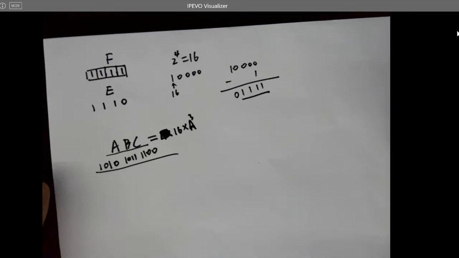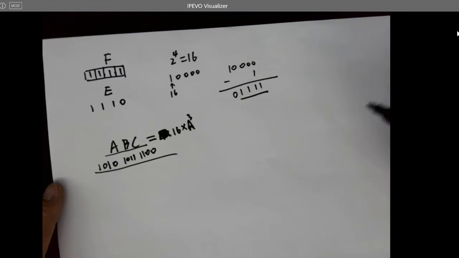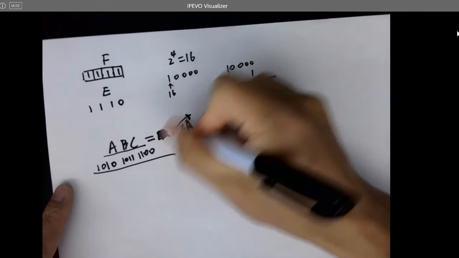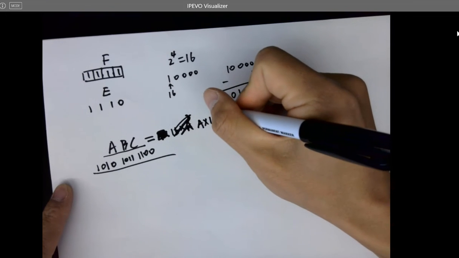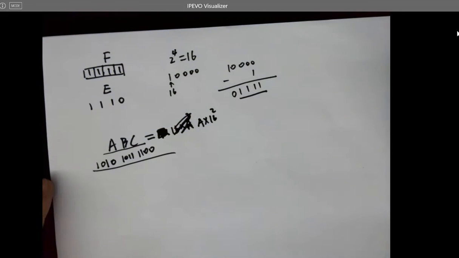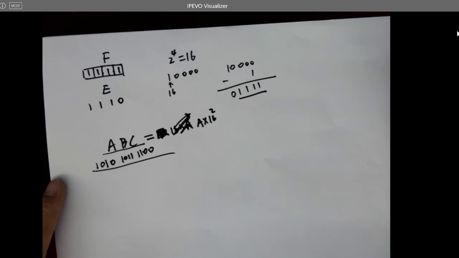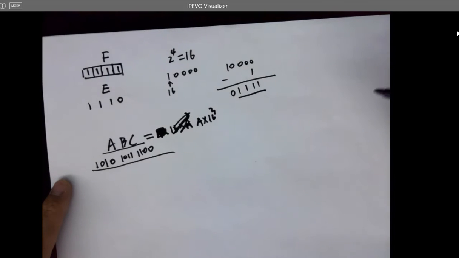Or A times 16 to the second power? Or third power?